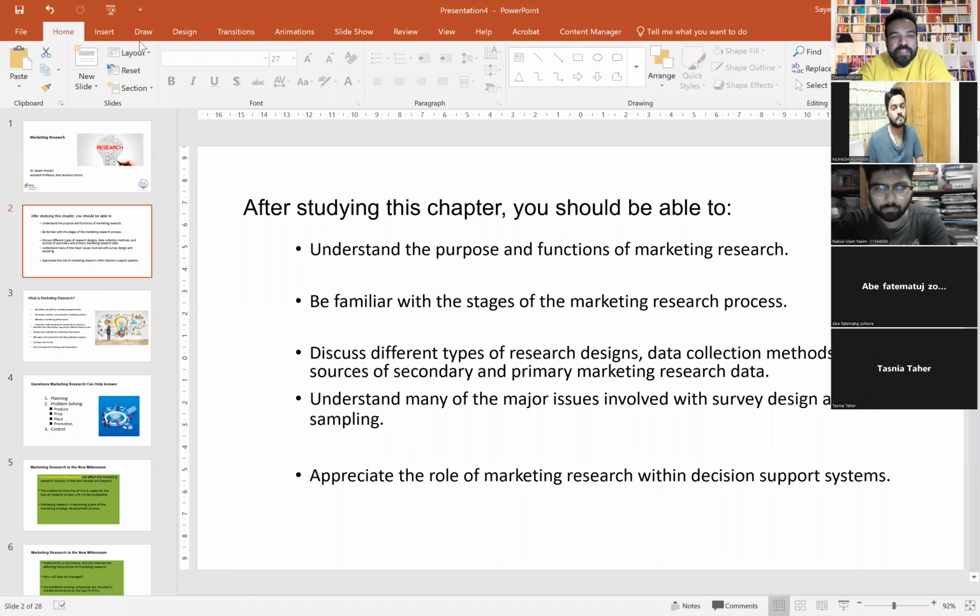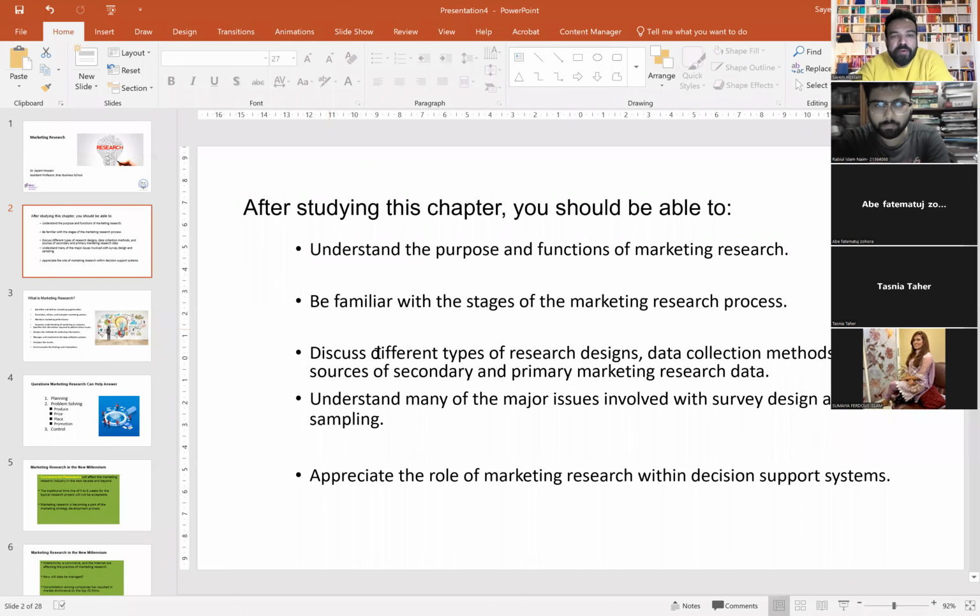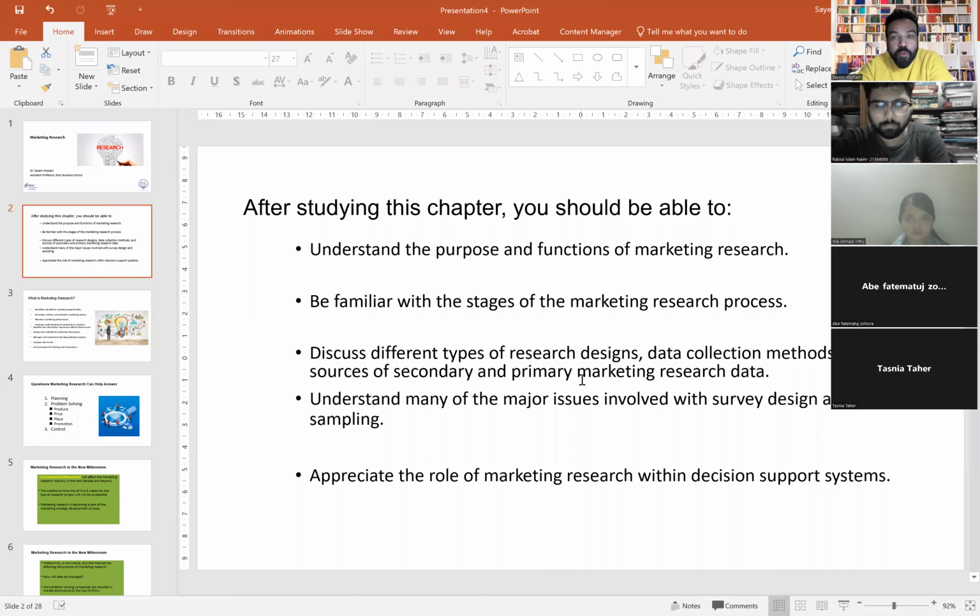You'll be familiar with the stages of the marketing research process, because in marketing research there are different stages. Then we'll talk about different types of research design, data collection methods, and sources of secondary and primary marketing research data. So welcome to the world of data.